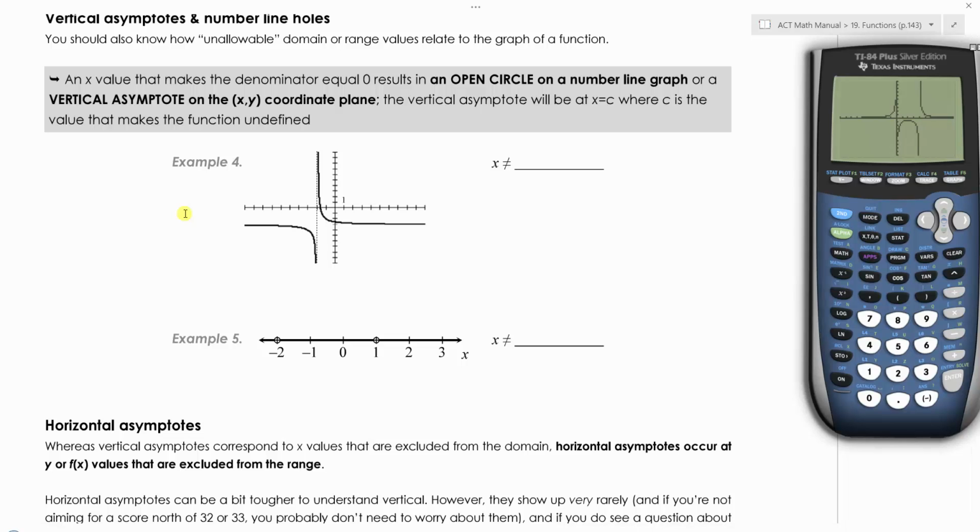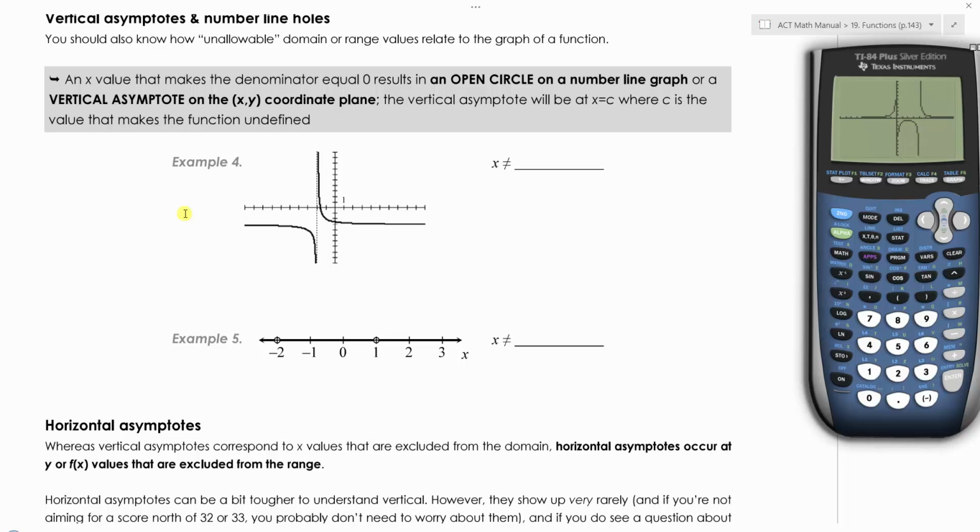So vertical asymptotes and number line holes, you have to understand that a value that needs to be excluded from your domain or range will produce, as we said before, either a vertical asymptote at the x value or a horizontal asymptote at the y value.